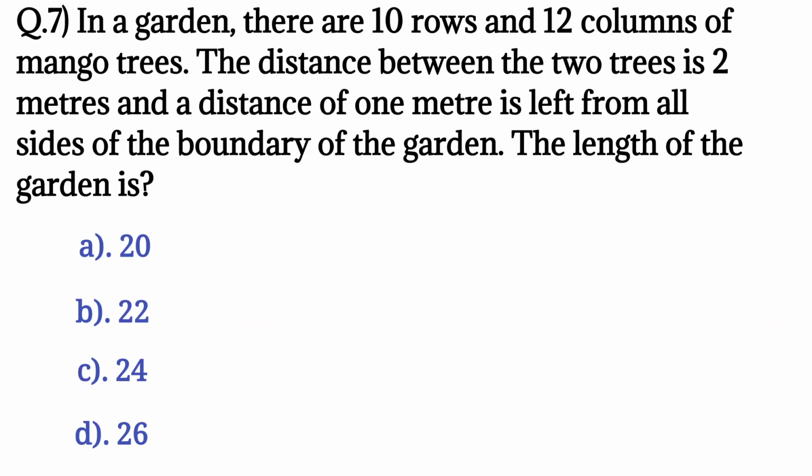Question number 7. In a garden, there are 10 rows and 12 columns of mango trees. The distance between two trees is 2 meters and a distance of 1 meter is left from all sides of the boundary of the garden. The length of the garden is.